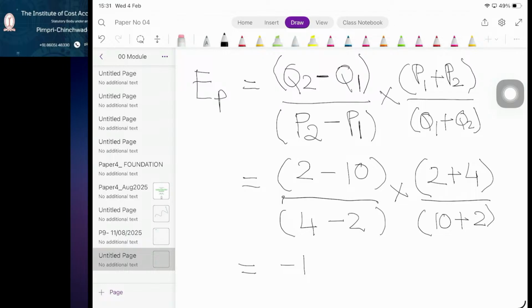Minus 8, 2 into 6, and this is 12. So what is the answer we are getting? 6 1s are 6, 6 2s are 12.